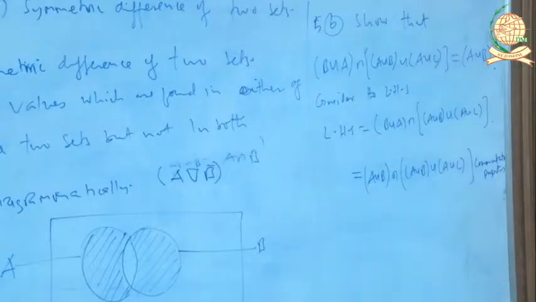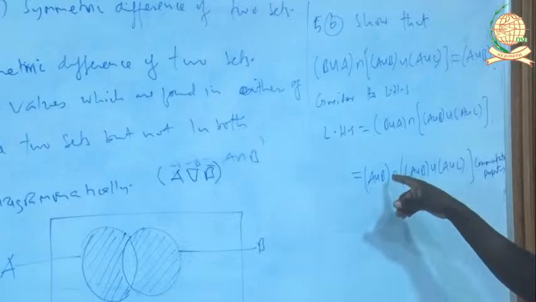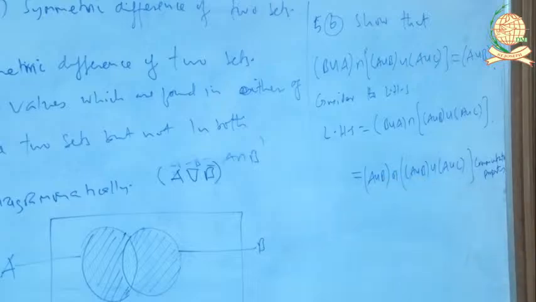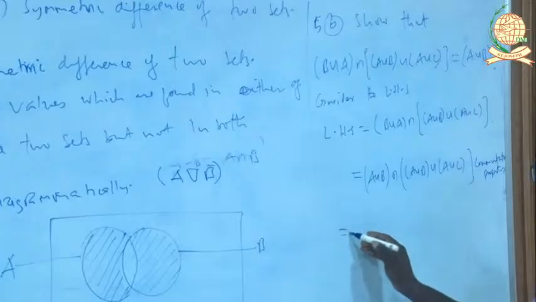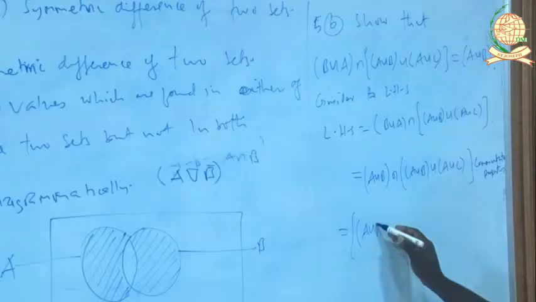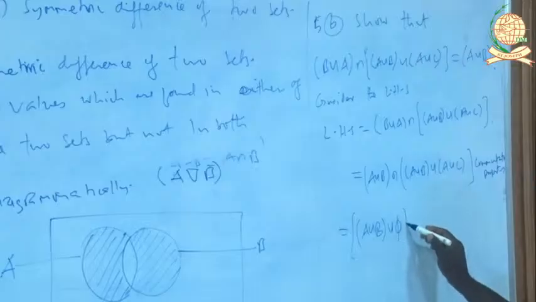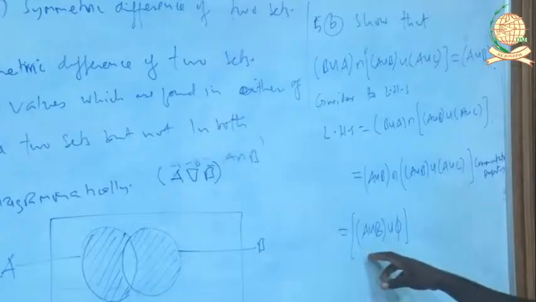So what you're going to do is unite this one with the empty set, because if you take a set union an empty set, it is going to be just that set. So this is equivalent to A union B, united with the empty set, because this doesn't change anything.